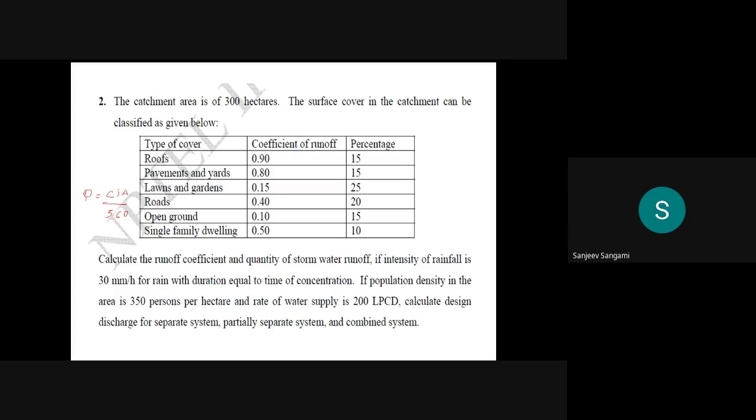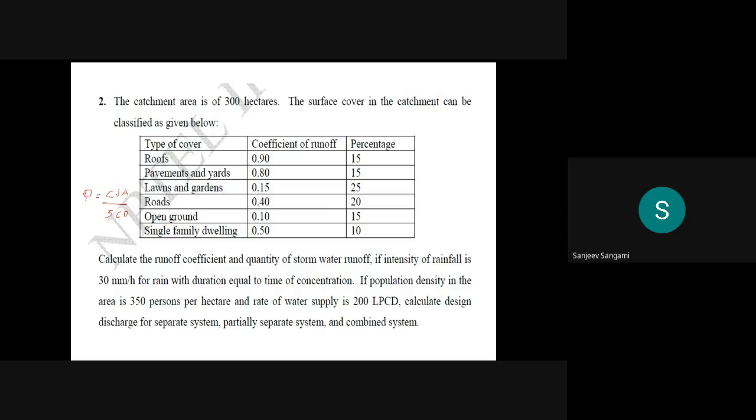In this, C is the runoff coefficient, and I is the intensity of rainfall. Remember that I should be substituted in mm per hour. What they will do is, instead of that, give you I in terms of centimeter per minute. Then when you substitute it, you will go wrong. So this kind of problem is there.